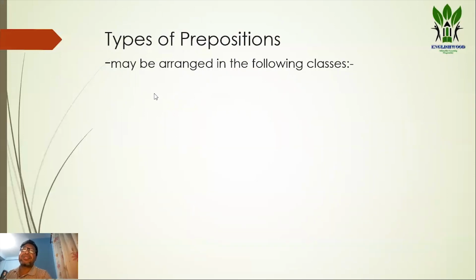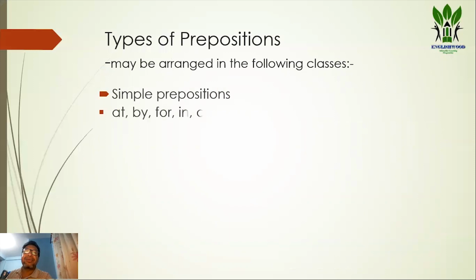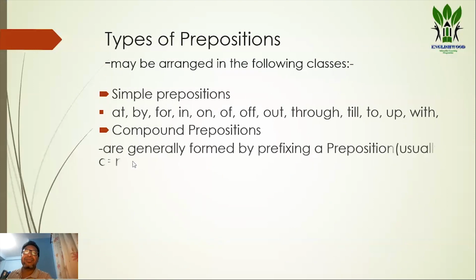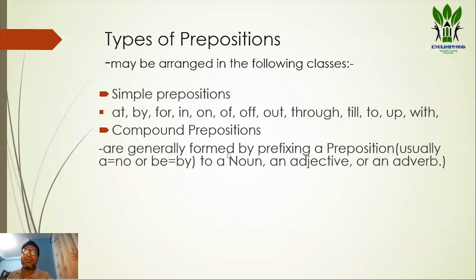Types of prepositions. Prepositions may be arranged in the following classes. Simple prepositions, for example, at, by, on, in, off, out, through, till, to, up, with. Compound prepositions are generally formed by prefixing a preposition, usually a, which refers to on, or be, which refers to by, to a noun, an adjective, or an adverb.